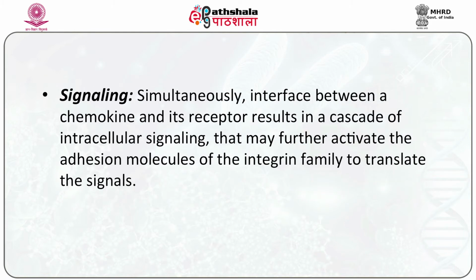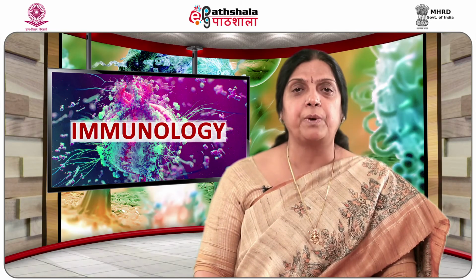Signaling: the interface between a chemokine and its receptor results in a cascade of intracellular signaling that may further activate the adhesion molecules of the integrin family. This happens with the G protein pathway.